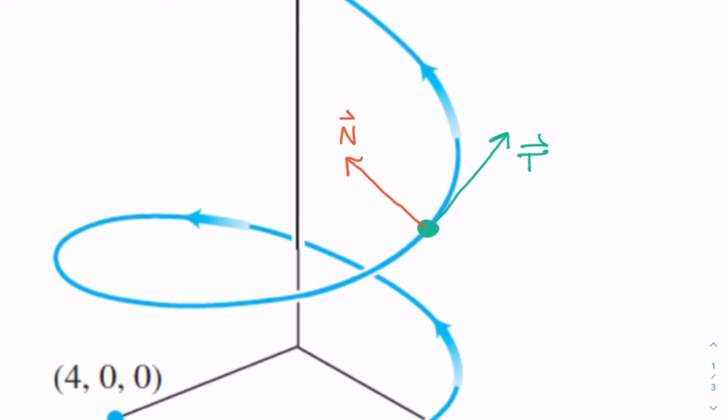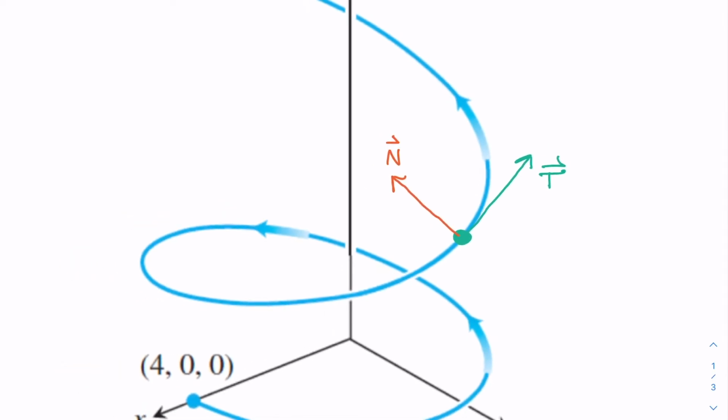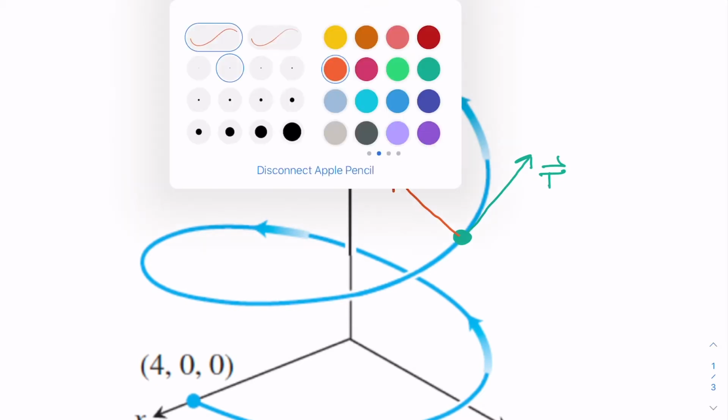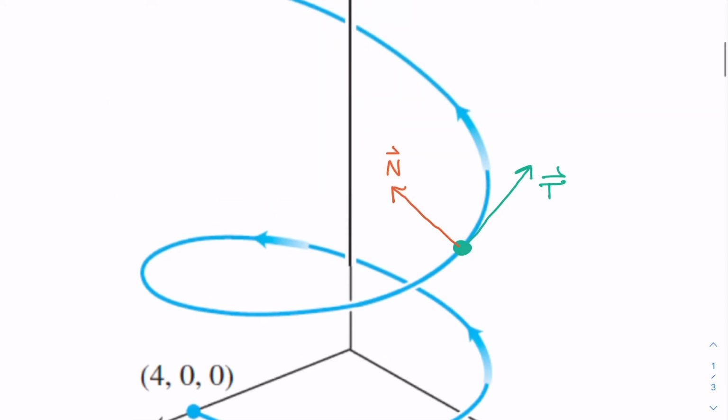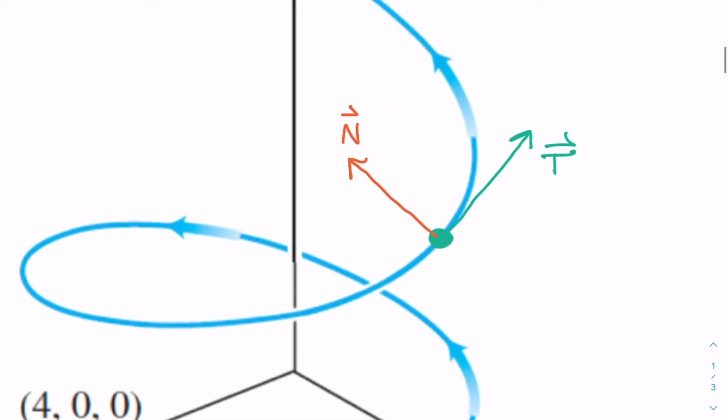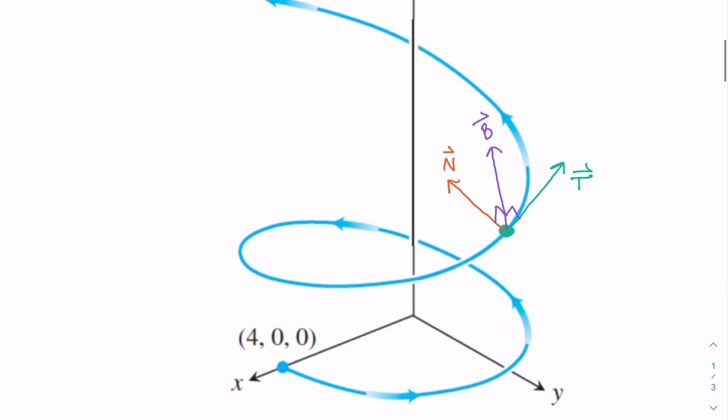And then if we had another vector orthogonal to both, it's binormal, then we would have the unit binormal vector. It's kind of hard to draw, but it would be pointing straight up like that, orthogonal to T and orthogonal to N. So it's pointing kind of up and out of the page, if that makes sense.